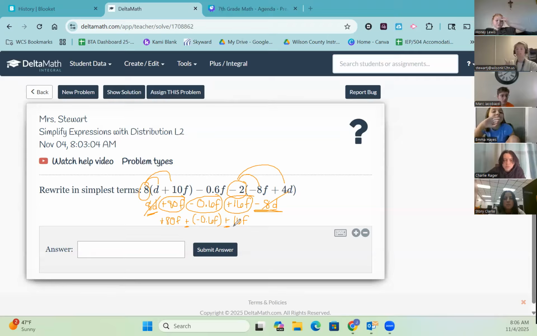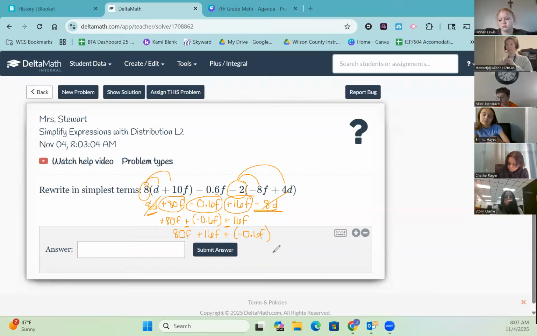But if we change our subtraction sign to adding the opposite and put this in our parentheses, then you can reorder this and I can do 80F plus 16F plus negative 0.6F. Okay? But again, you have to keep the negative with the term it goes with.